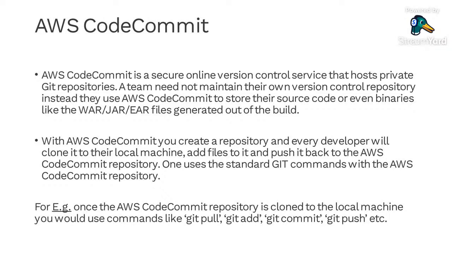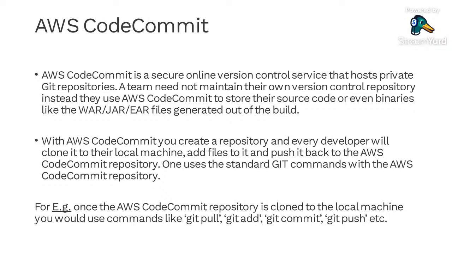So whatever action we need to perform on the Git side, the same kind of command we will perform here to pull the code, to clone the code, to create a branch and all. We are using the same Git commands. So this is an online version control service tool provided by AWS, just like our Git repository. Here the team need not maintain the version control because by default, AWS CodeCommit manages it.